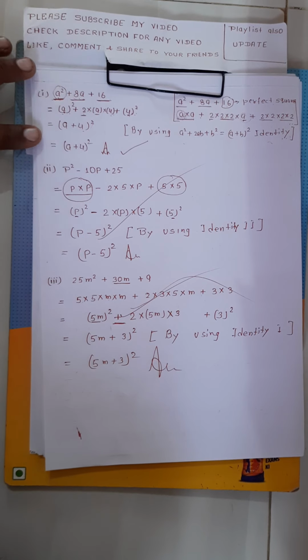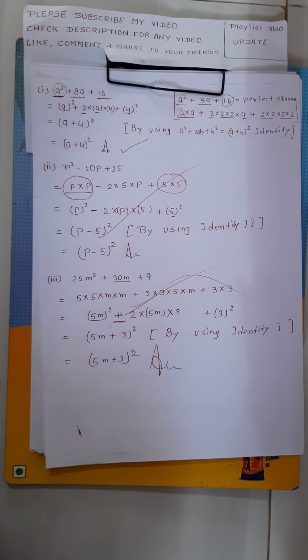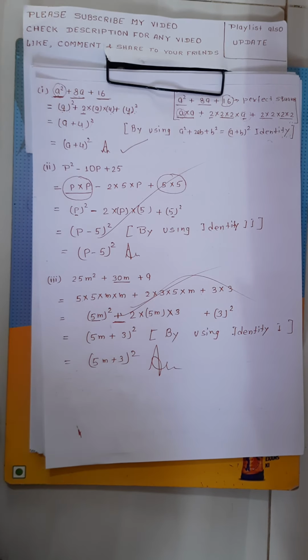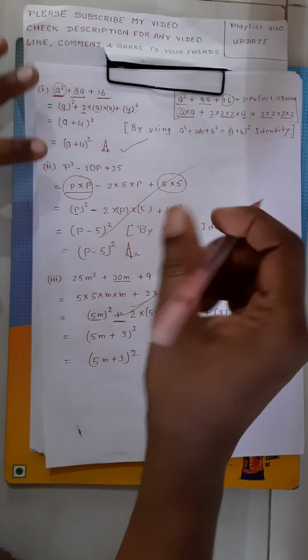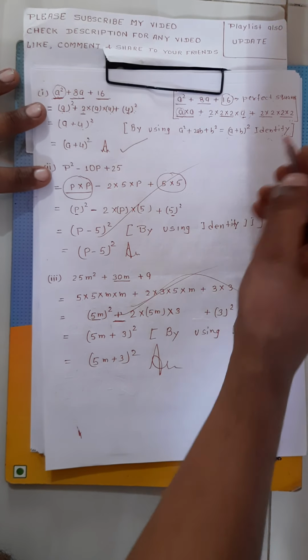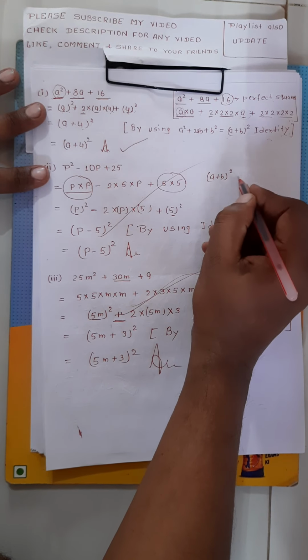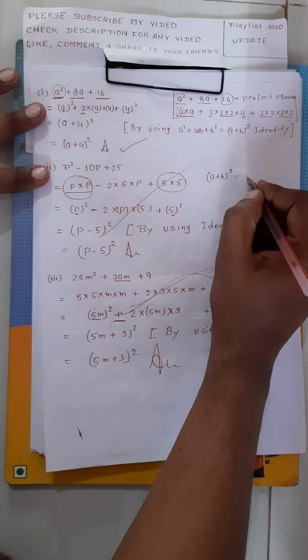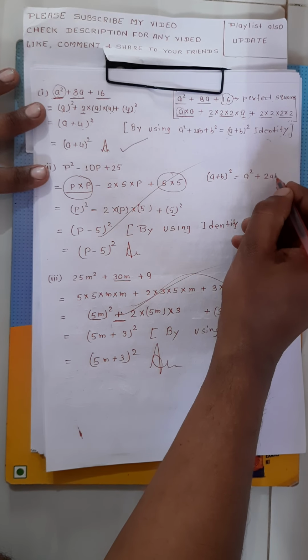Now we come to the identities. For identity number one, what should be the structure? You know that the value of the whole square of a plus b is equal to a square plus 2ab plus b square.